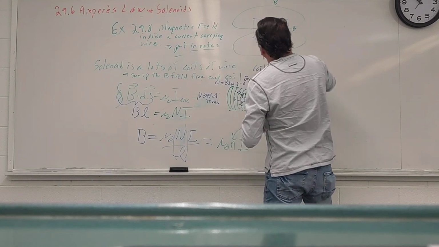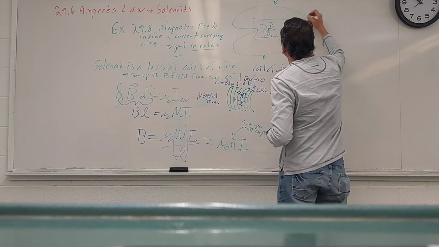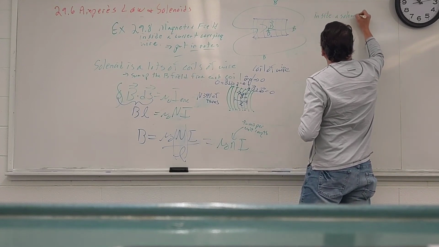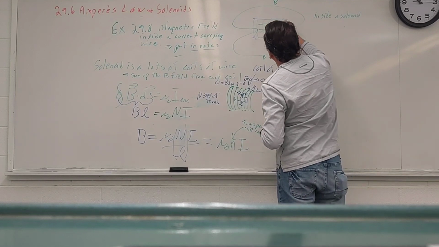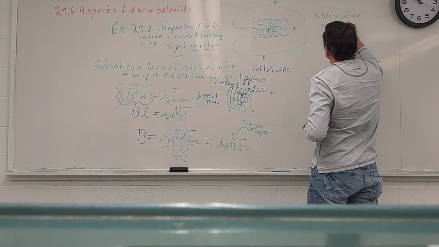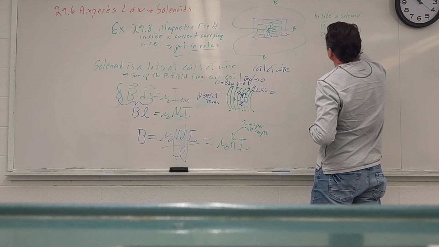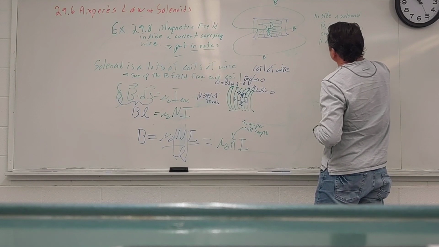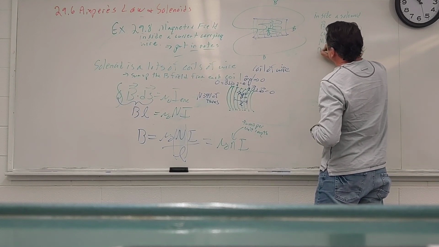And what's so interesting is that inside a solenoid, the B field is constant in magnitude and direction.